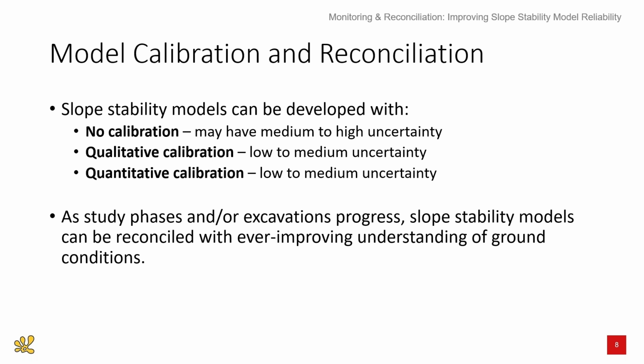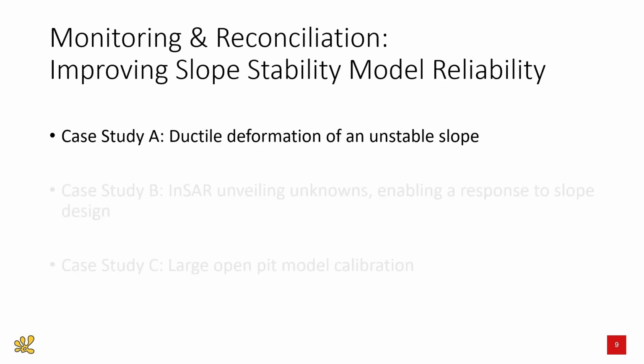Qualitative would be modeled failure mechanisms confirmed by field observations or monitoring results or failure back analyses. And this is what I'll talk about later in the case studies. Quantitative is basically where we do a fully calibrated model with observed displacements and or stress measurements. And such models need to be updated as excavations or study phases progress. They can be reconciled with an ever-improving understanding of ground conditions as they're exposed.